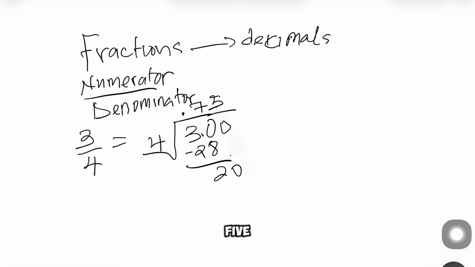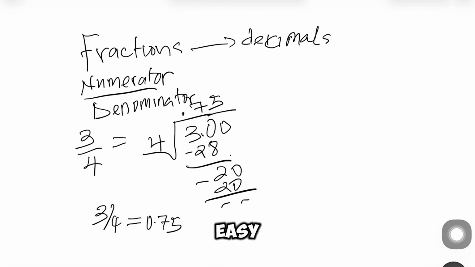So 5 times 4 is giving us 20. And if we subtract this, you see that there is no remainder left. So this means that 3 divided by 4 is actually equal to 0.75. Very easy.